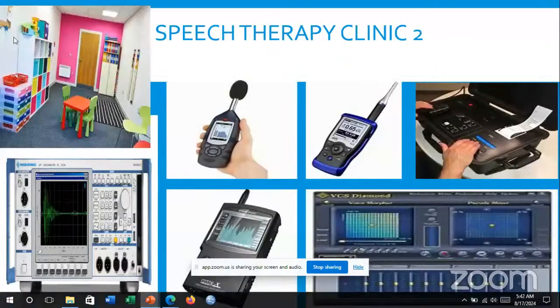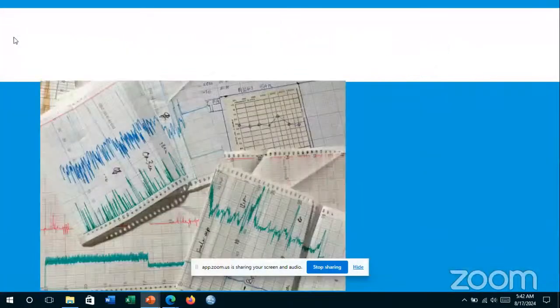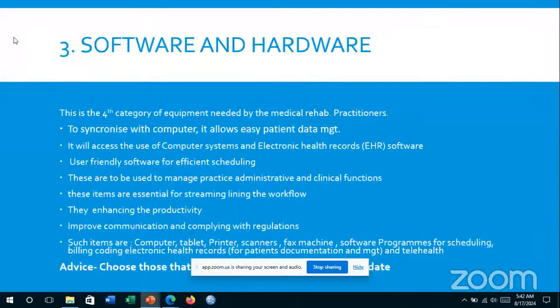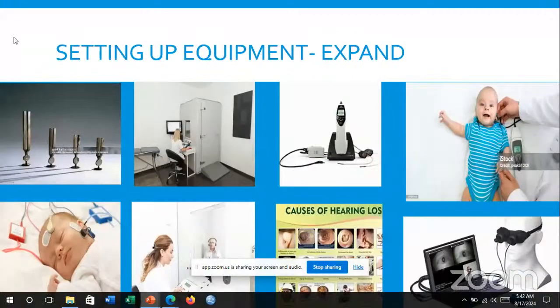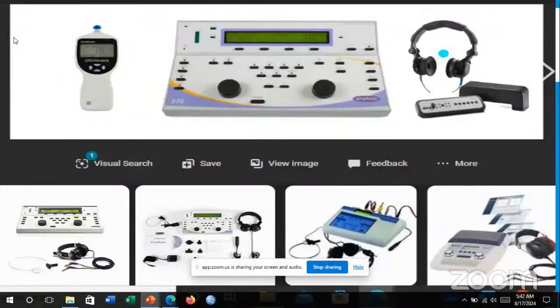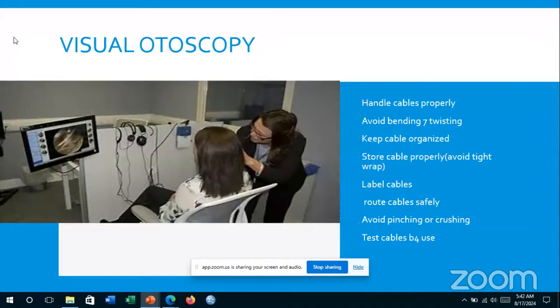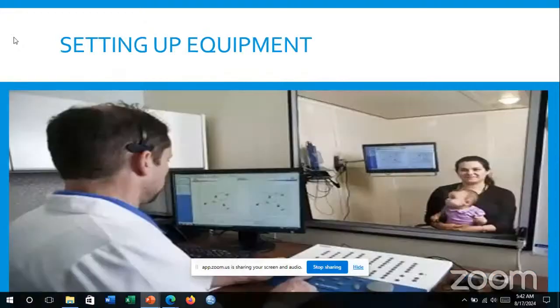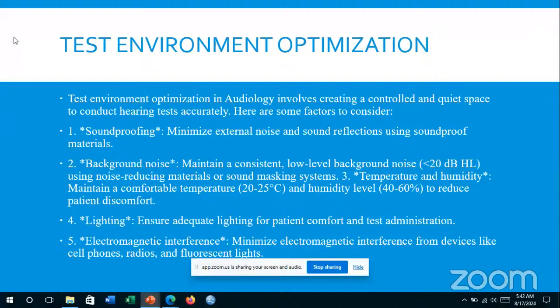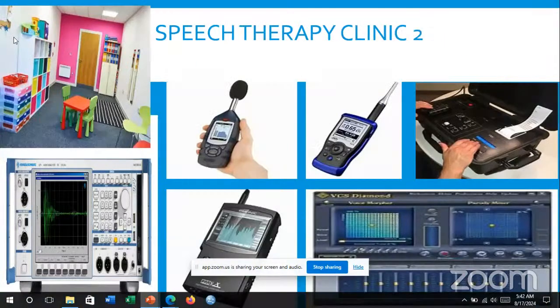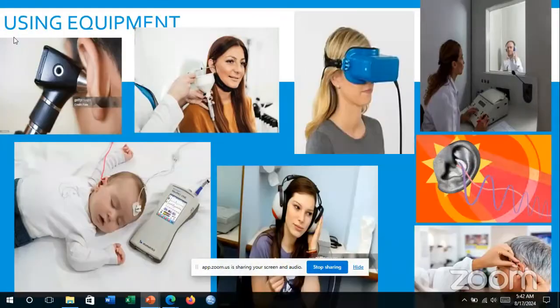I have a diagram here to show. Okay, we can see the man that is carrying out a hearing test on a woman, where everywhere is well conducive for the patient. The woman can sit comfortably to say yes or no if she can hear.